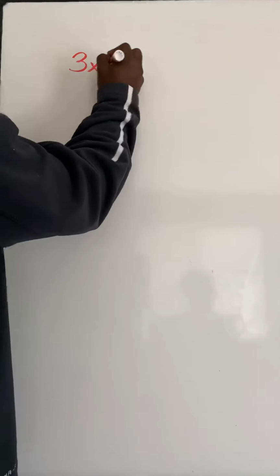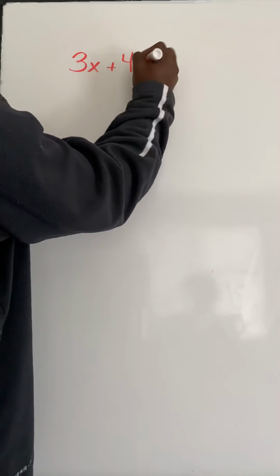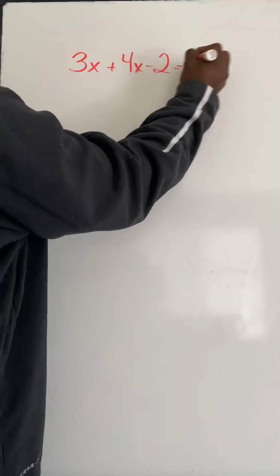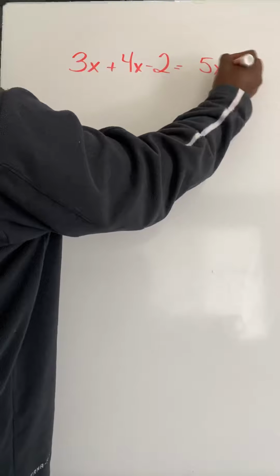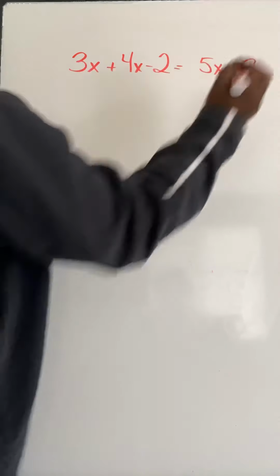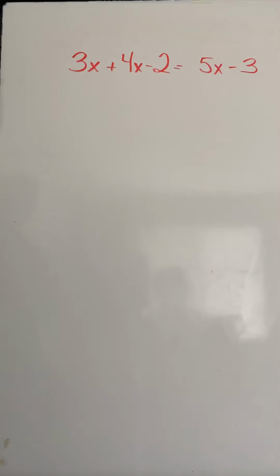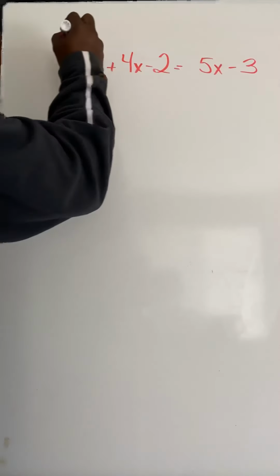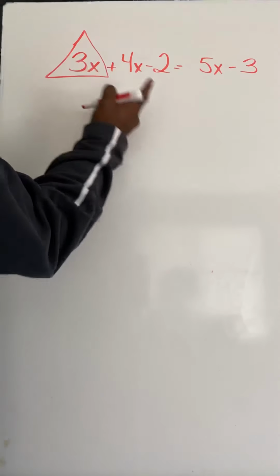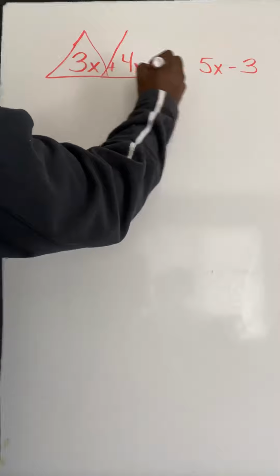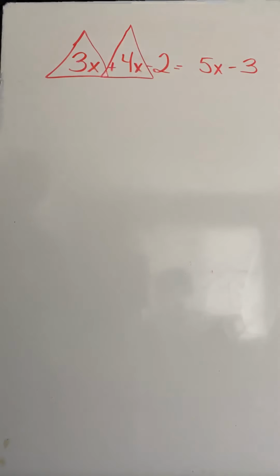If I have this equation here, 3x plus 4x minus 2 equals 5x minus 3, okay? First thing we got to remember we do is we put the teammates that are on the same side of the equal sign, we combine them. That is what we call combining like terms.